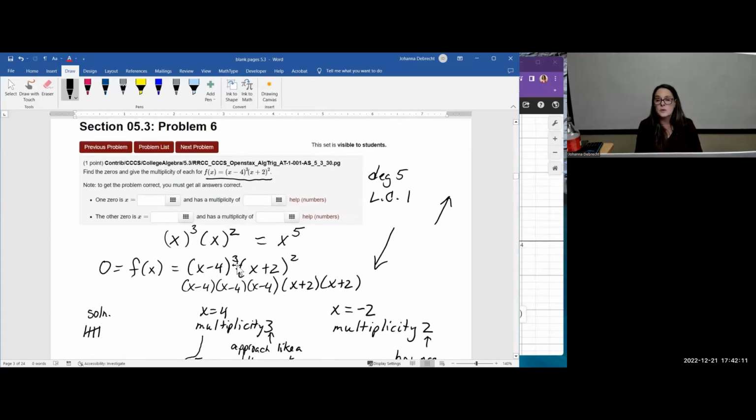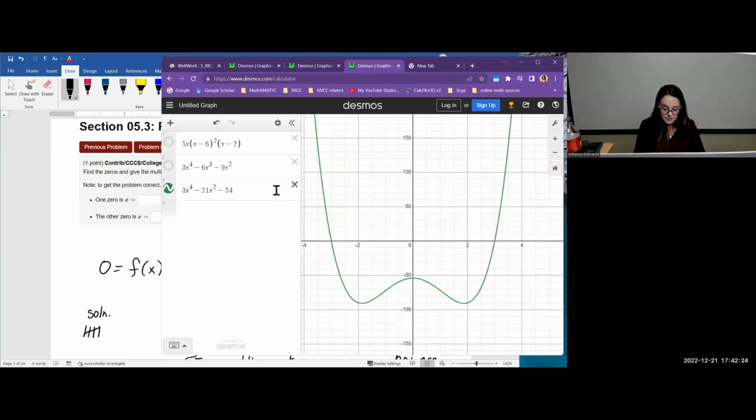This will be an interesting one so that you can see how I manipulate the graph in order to figure out the grand scheme of the picture. All right, so I have (x-4) cubed, (x+2) squared.